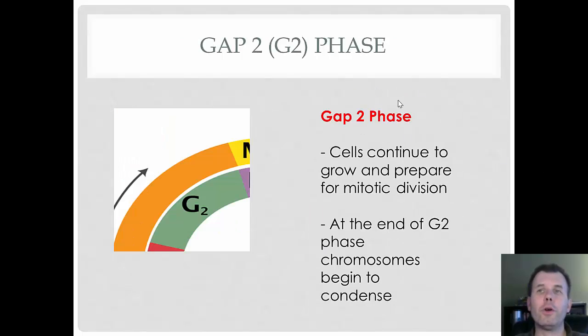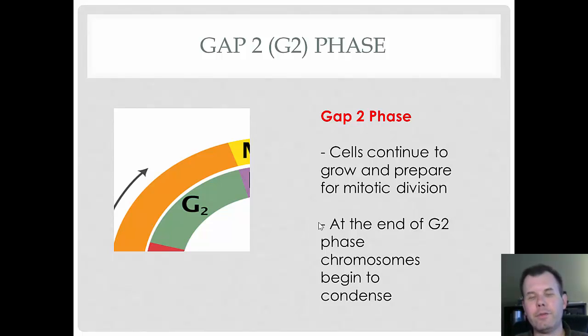The third phase in this is called the G2 or gap 2 or growth 2 phase. Okay? This is where the cells continue to grow. They continue to grow until they're ready to divide into 2 cells, and that's mitosis. And when you get to the end of this G2 phase, your DNA starts to condense. And we're going to talk more about that next time when we look at mitosis and what actually happens to our DNA during this process.